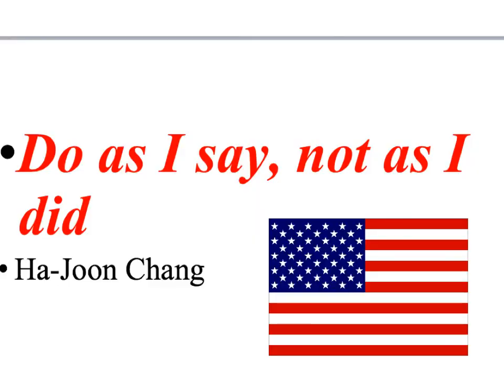And according to the development economist Ha-Joon Chang, there's real hypocrisy here, because he argues that it's a case of do as I say, not as I did. What he means by this is if you look at the rich and powerful countries that have the most influence over the IMF and the World Bank, such as the United States of America, if you look at their own history, their own development, they became rich and powerful through a policy of economic protectionism, which they now won't allow poor countries to adopt.